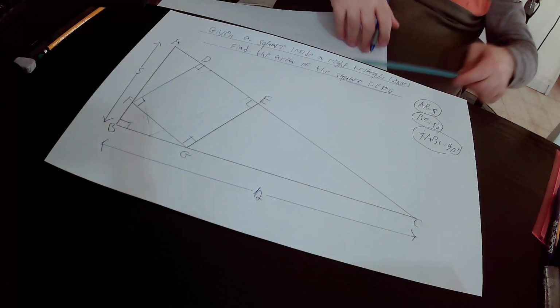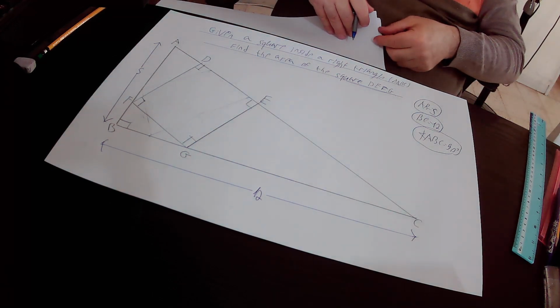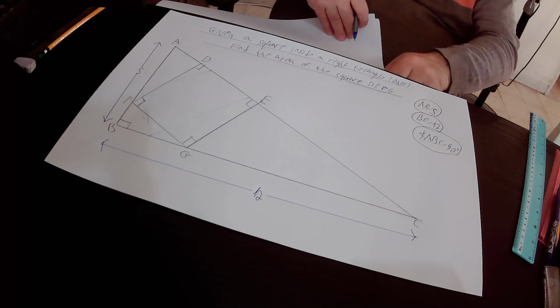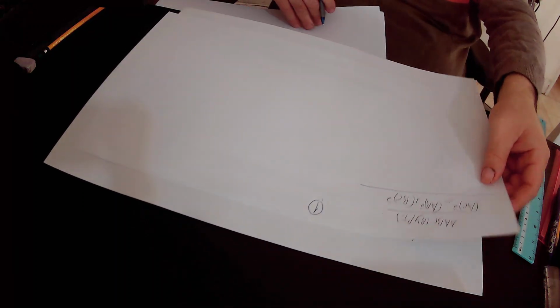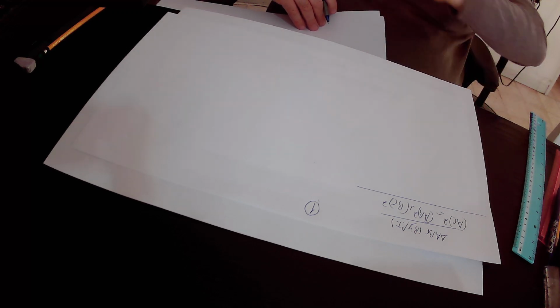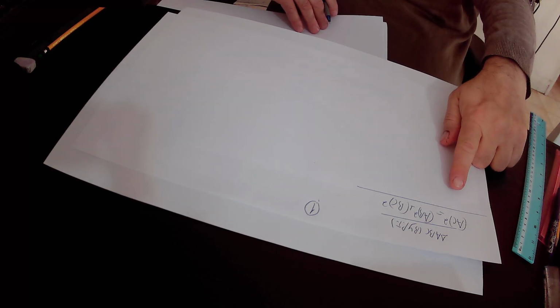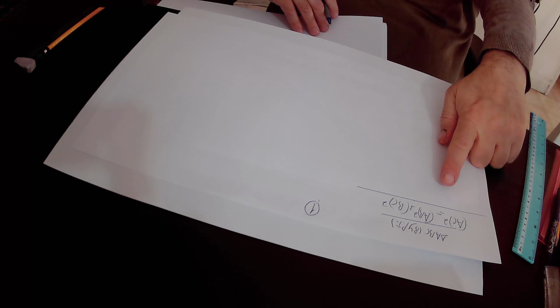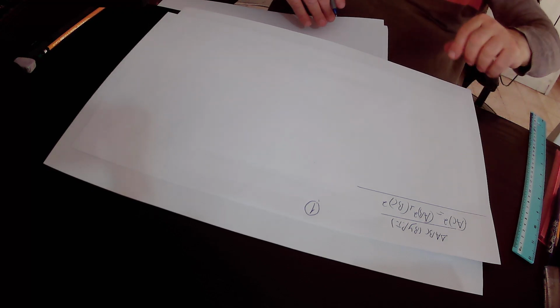So in the right triangle ABC, by the Pythagoras theorem, AC squared must be equal to AB squared plus BC squared.